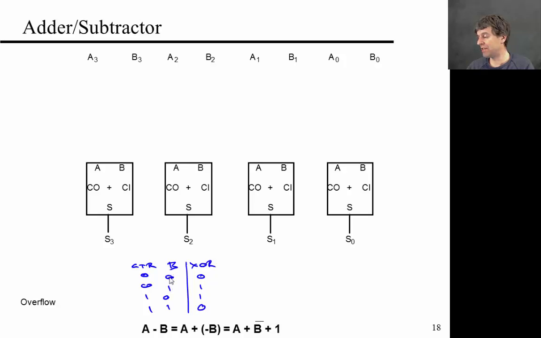You realize that essentially what I'm doing here is that if the control has the value 0, then the output here is just b. On the other hand, if the control has the value 1, then the output here is not b.